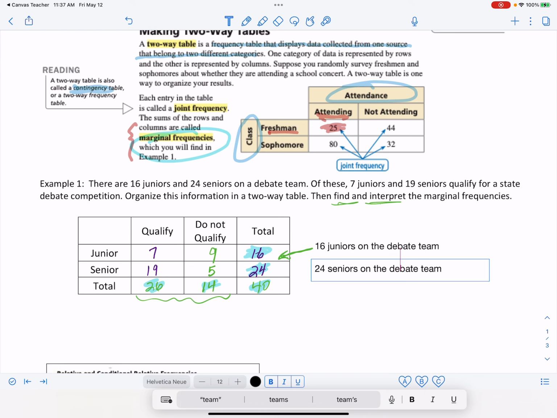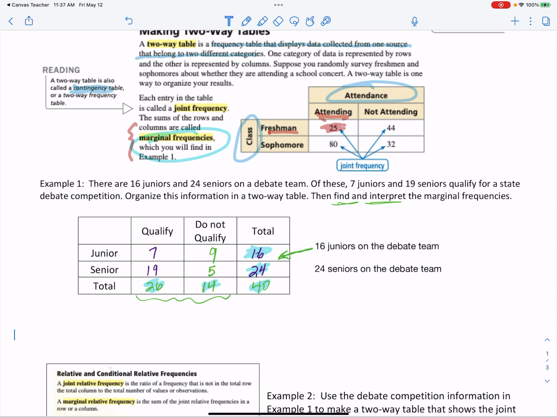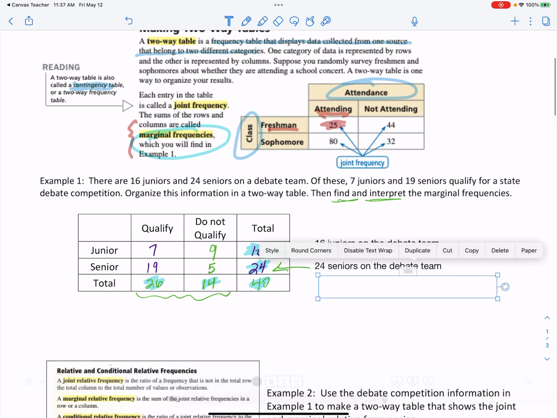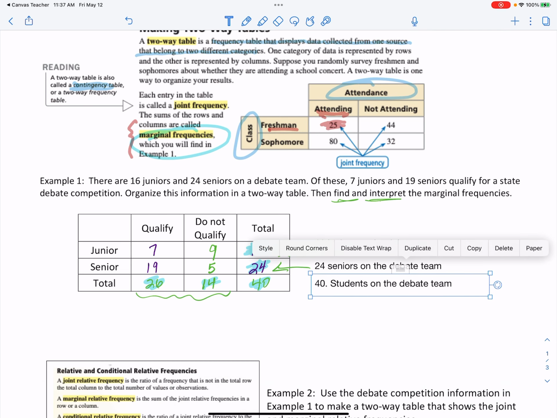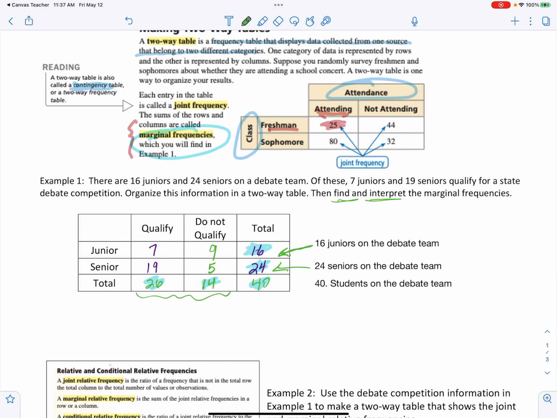And then I can draw the arrow. And for the 40, there are 40 students on the debate team. So when it asks you to find and interpret, you have to include these interpretations.